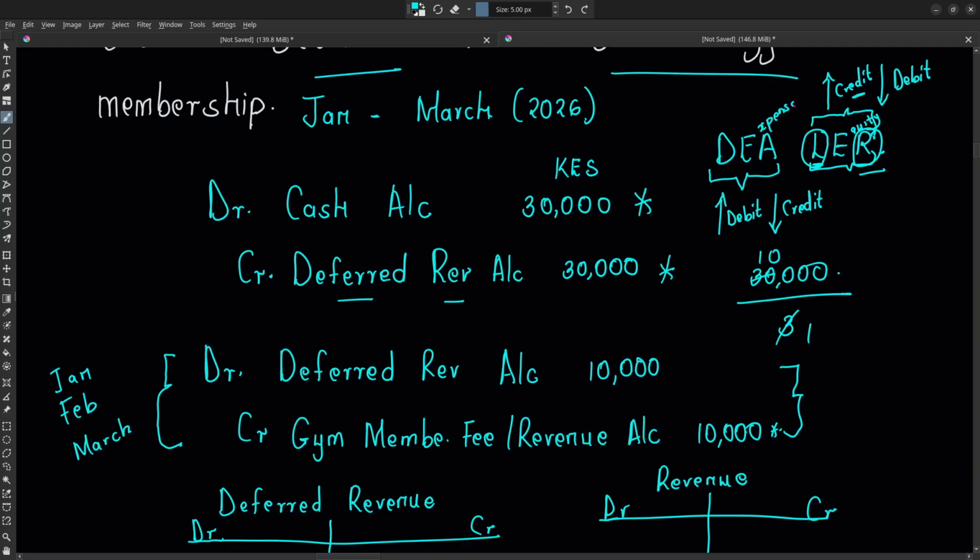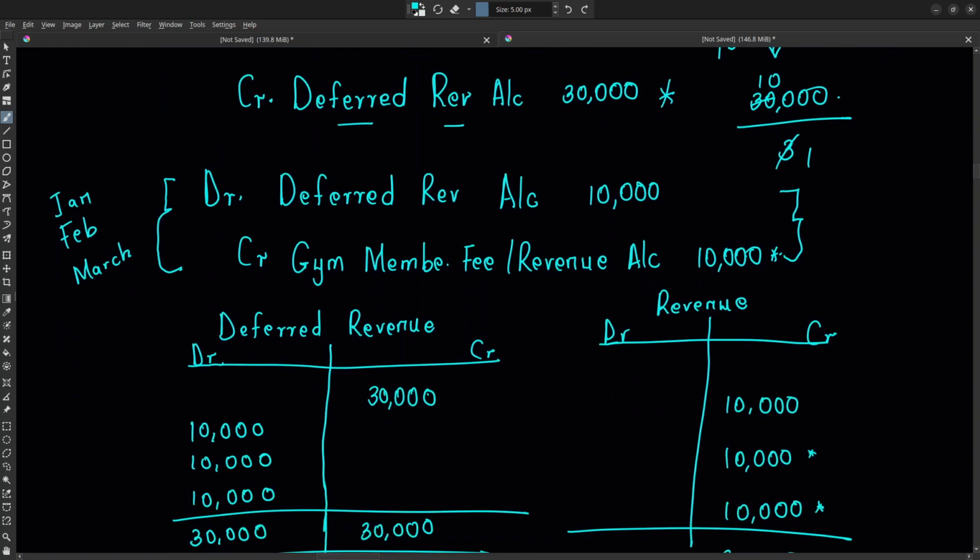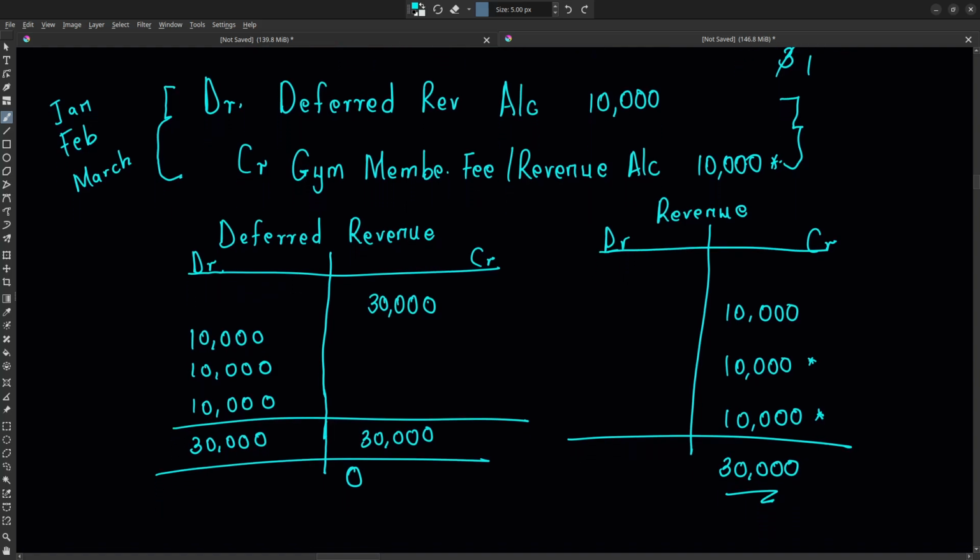So always have in mind this dealer wall to assist you to know. So here we had revenue, we have to credit, that is why we were passing this credit, and we are reducing deferred revenue while we are increasing the gym membership fee. So we have a balance of 30,000 in our revenue account, which is basically what we have earned as at the end of the period, as at the end of March now, because we have provided the required services to this client.